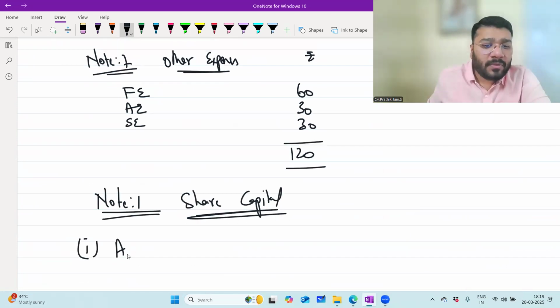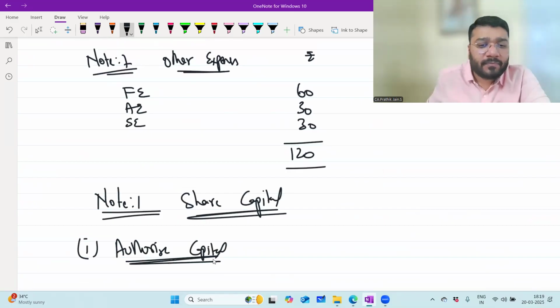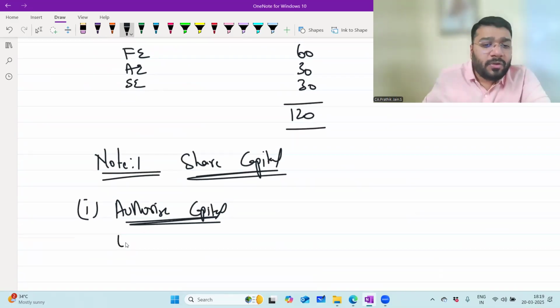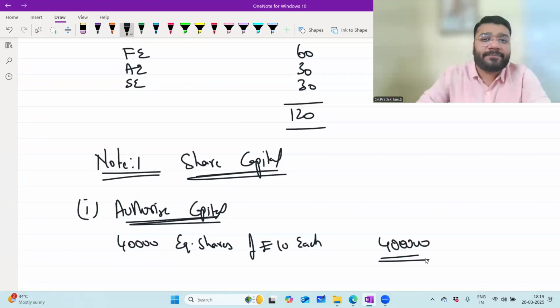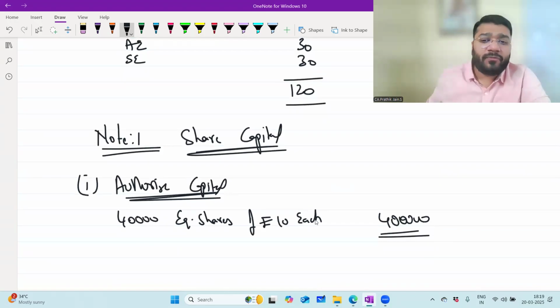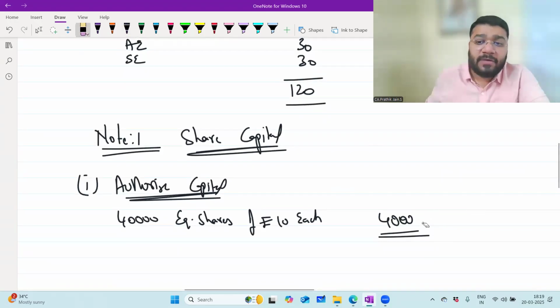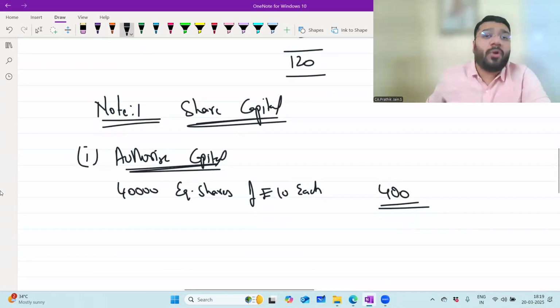First one, authorized capital. Question says that we have 40,000 equity share of rupees 10 each, which is how much? 4 lakh, or 400,000. Right? 400,000. Because you have to do in thousands. You have to record in thousands. You have to keep it uniform throughout.